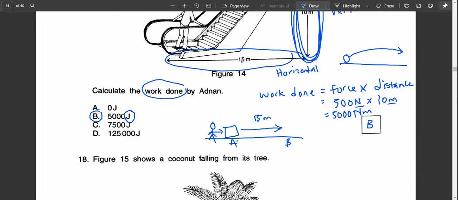That is the time you use the formula work done is equal to force times distance, and instead of the height you're using this distance here, which is 15 meters. So in this case the box is 500 newton times by 15 meter, then you will get 7,500 newton meter.